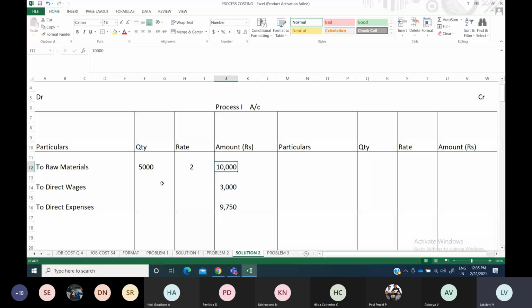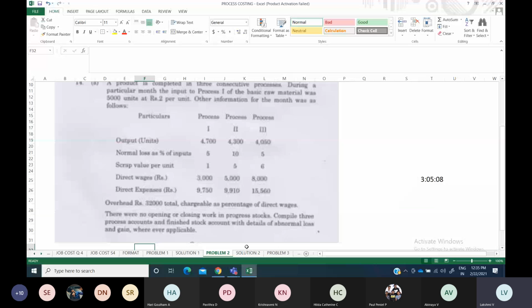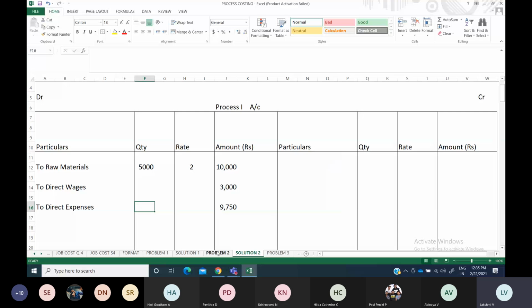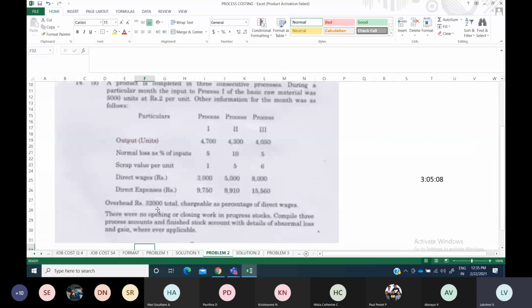Okay. So next, if you see overheads is there, 32,000. As I told earlier, it has to be taken as a percentage of direct wages. Direct wages, if you see, 3,000 is to 5,000 is to 8,000. So when taking the proportions, we take 3 is to 5 is to 8. So again we divide by 16, because 3 plus 5 plus 8 comes to 16. So 3 by 16 you have to do. Since we are doing the first process now, 32,000 into 3 by 16 you have to do.